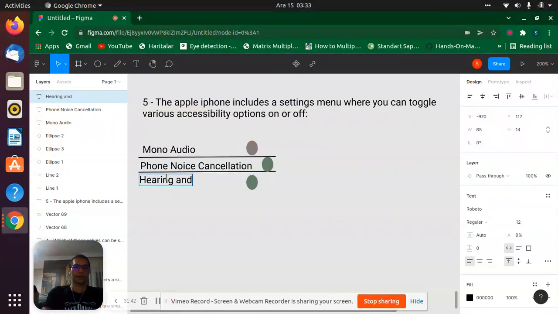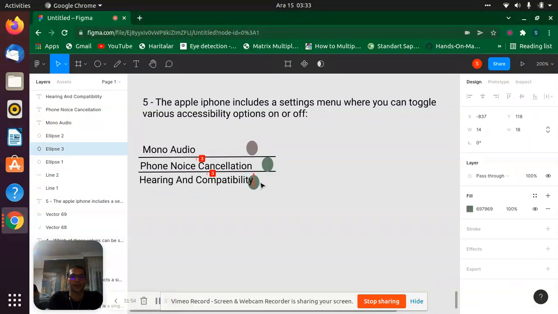Hearing and compatibility. This one will be bigger. Okay, just take this one a little right, and take this one a little bit right. Anyway, it's still looking very bad.